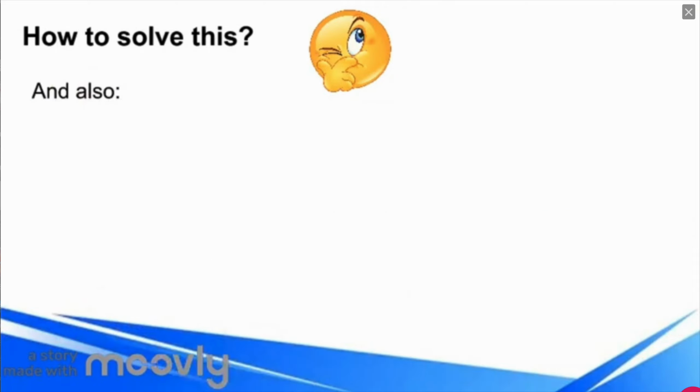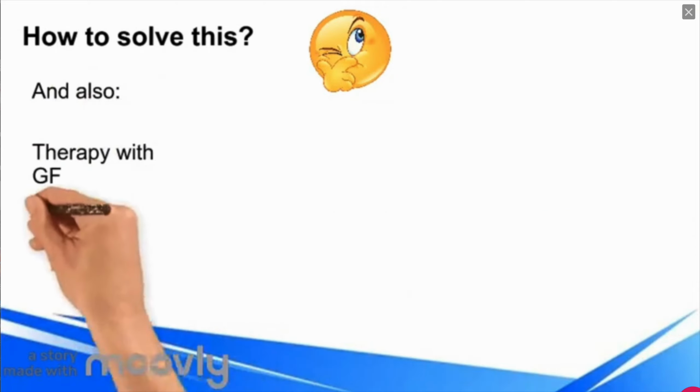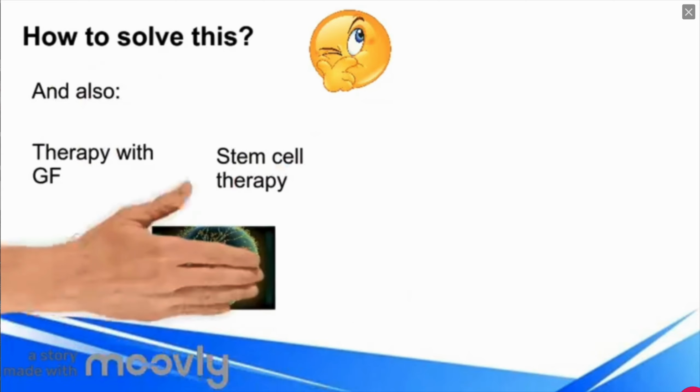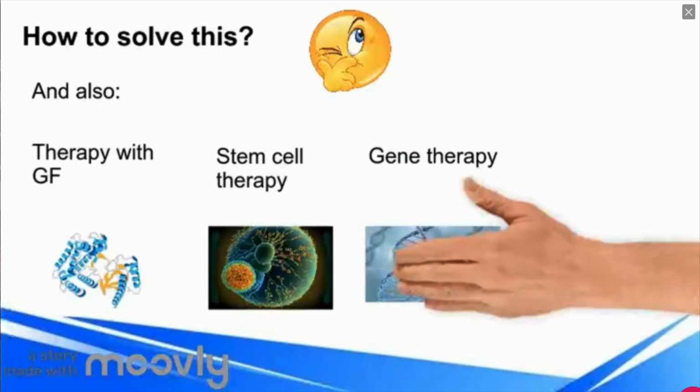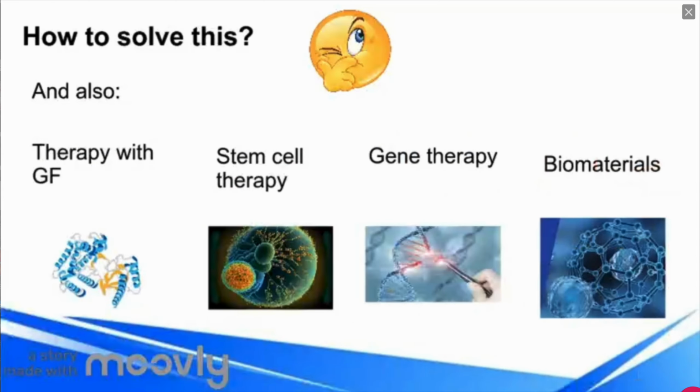Those more advanced treatments include therapy with growth factors, stem cell therapy, gene therapy, and biomaterials loaded with bioactive molecules that contribute to adequate healing.